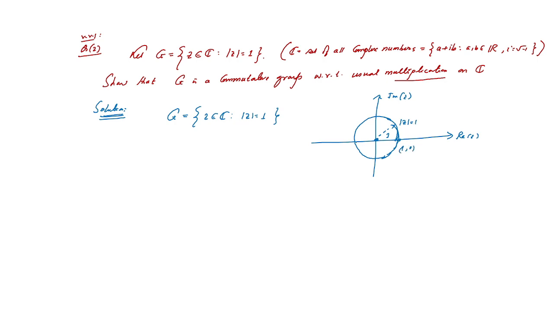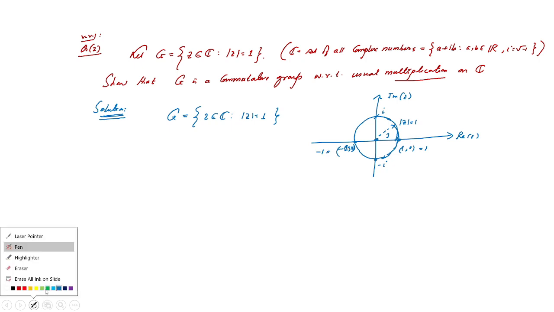So the points are (1, 0), (0, 1) which is i, (-1, 0) and (0, -1). So all the elements on the unit circle are basically elements of G.